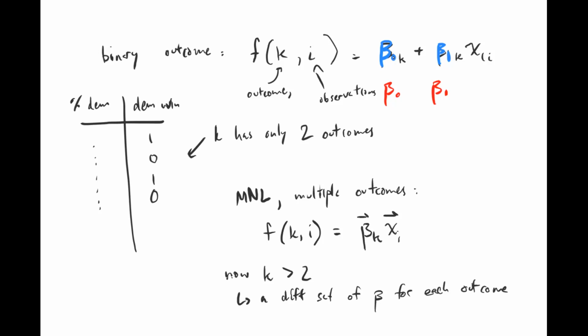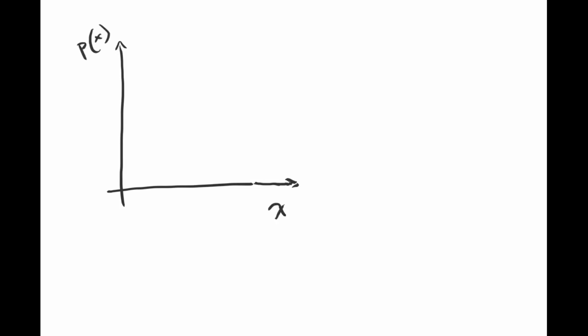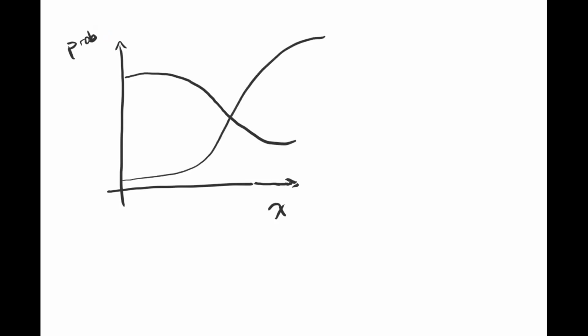And in this case, if we think about our probability space, so if this is X, and this is P of X, or let me do it like this, probability, then you could have now multiple lines, maybe like that.